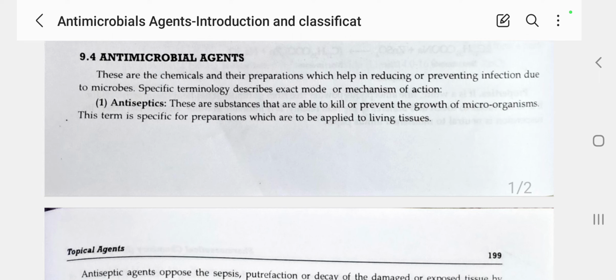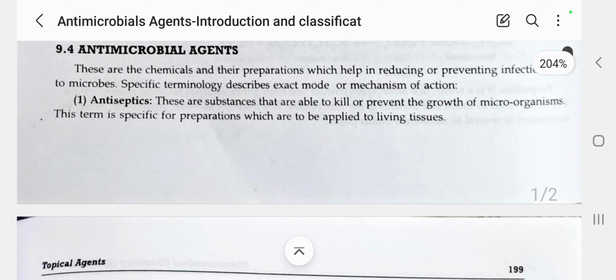So what is meant by antiseptic? These are substances that are able to kill or prevent the growth of microorganisms. This term is specific for preparations which are to be applied to living tissue.